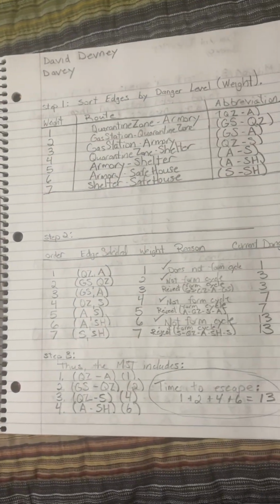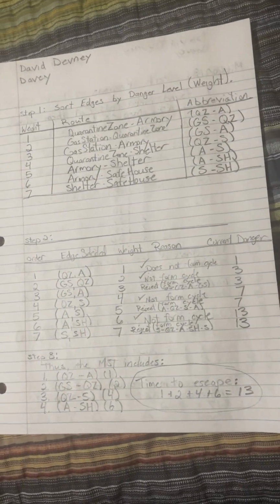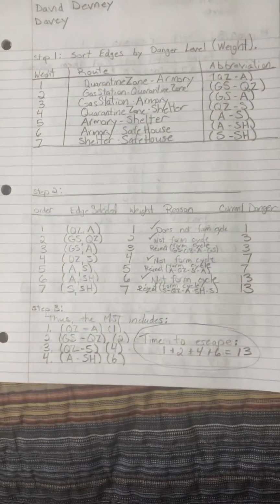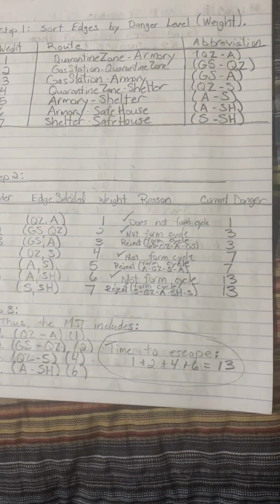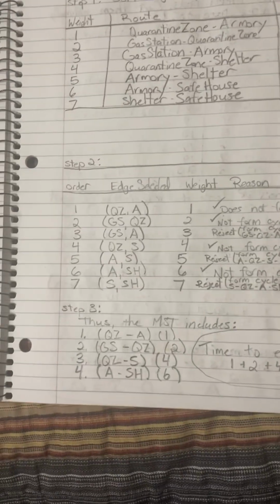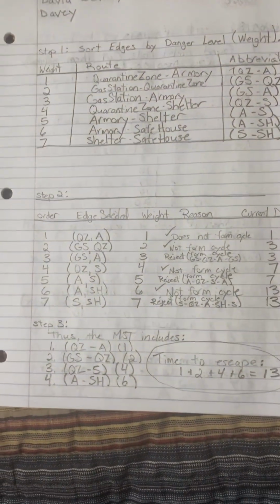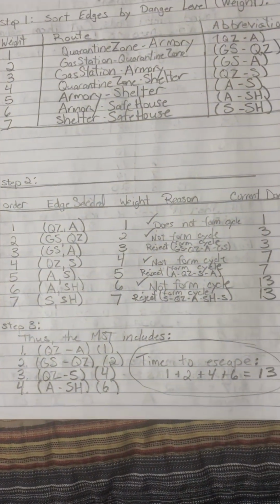I'm gonna sort the edges by the danger level, which equates to the weight. And then step 2. So basically, after everything's said and done, the little check marks, those are my 5 guys. So first one, second one, the 4th one, and the 6th one.